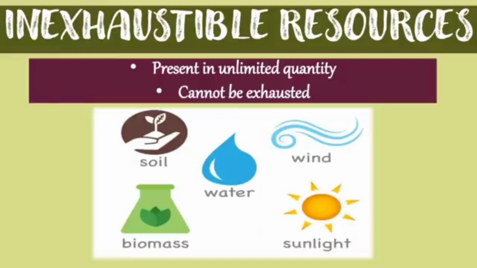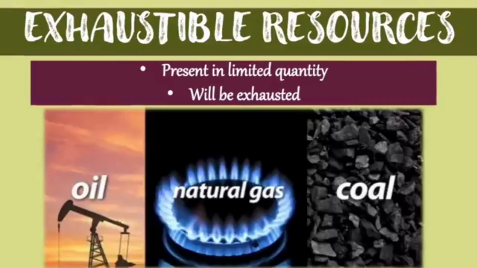Now, let's get to the next type or classification of natural resources, that is exhaustible natural resources. So, what are exhaustible resources? Exhaustible resources are limited in quantity and they would be exhausted.